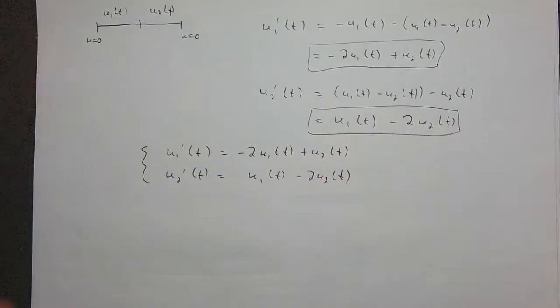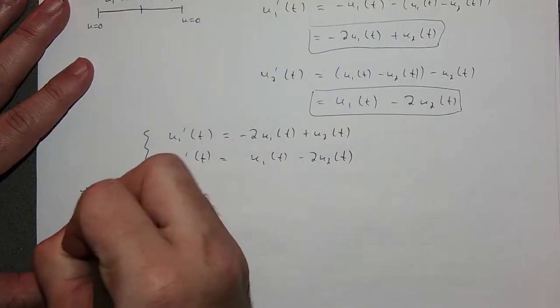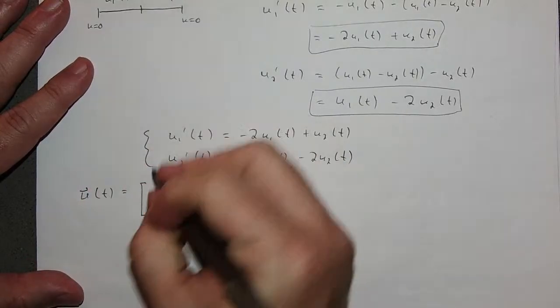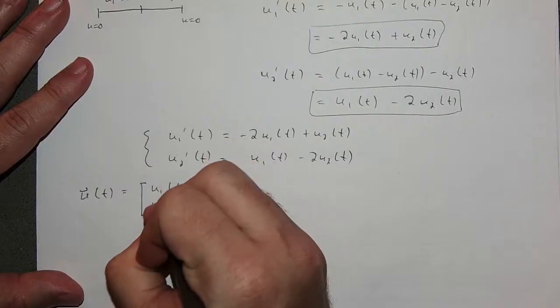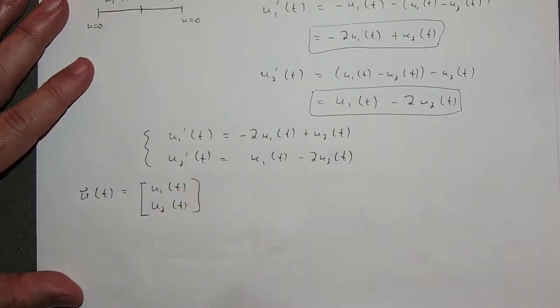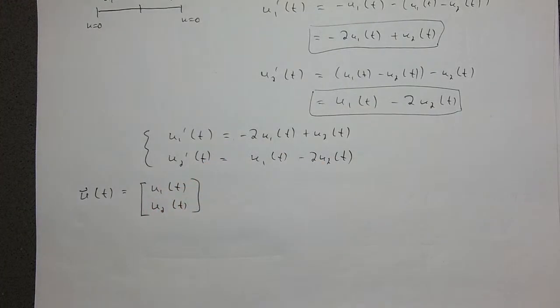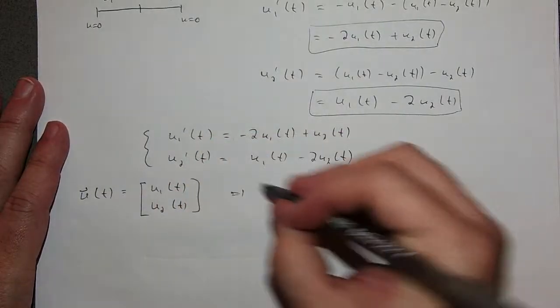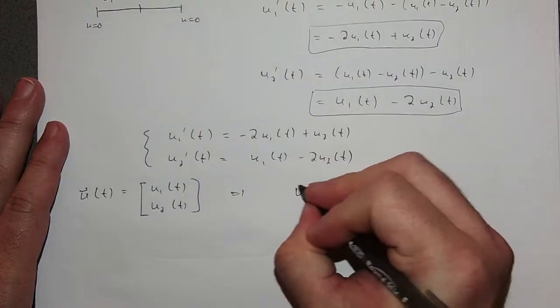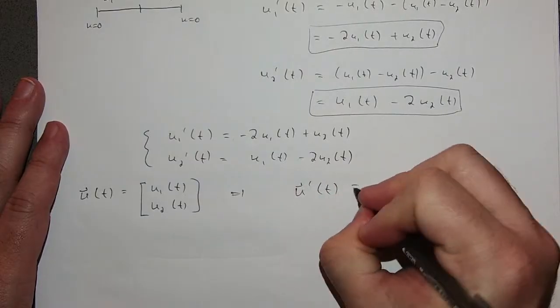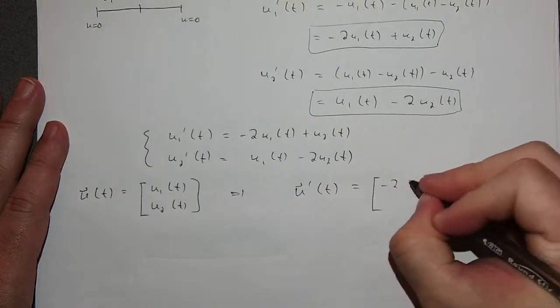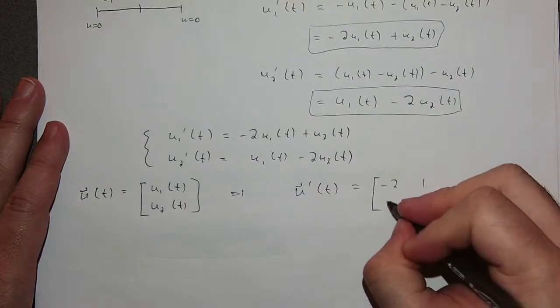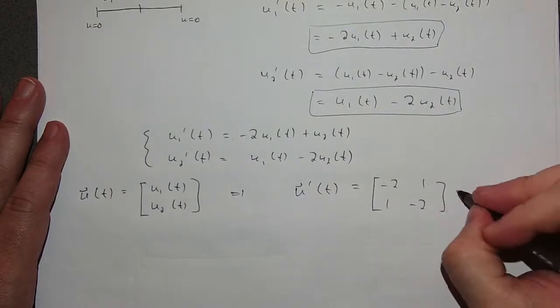Of course, rather than write it as a system in this fashion, I can write a vector valued function u having component functions U1 of t and U2 of t, which then allows me to write this as a matrix equation. I can put this in matrix form, so that this system becomes u prime is equal to the matrix minus 2, 1, 1, minus 2 times u.